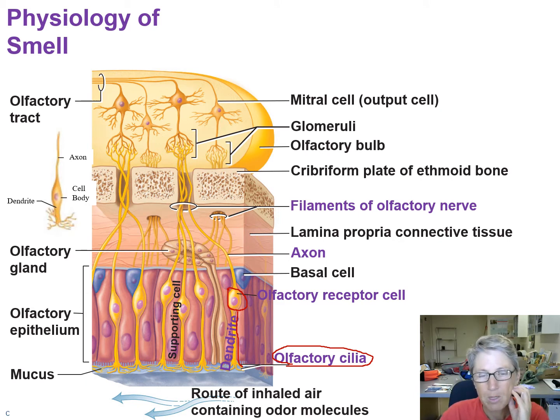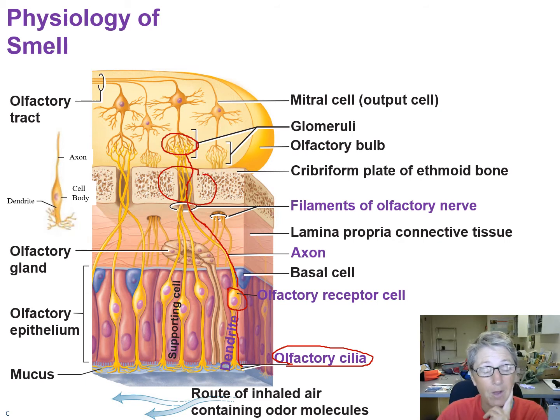And then that will lead to an action potential in the axon. The axons or filaments will travel through the cribriform plate of the ethmoid bone, that's this piece right here. And then those axons will synapse in the olfactory bulb with mitral cells. And this is a glomerulus where the synapse is occurring.